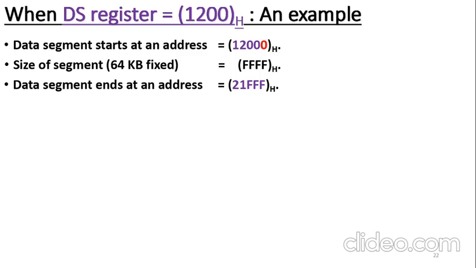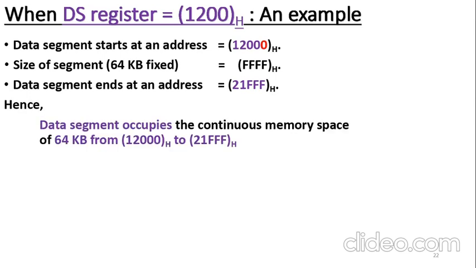It clearly means that once that data segment register is loaded with 1200 hexadecimal, it ultimately defines data segment boundary from 12,000 hexadecimal address, starting address, up to the last address of 21FFF hexadecimal. So it is a continuous space of 64 kilobyte, and this memory space henceforth will be referred as a data segment.